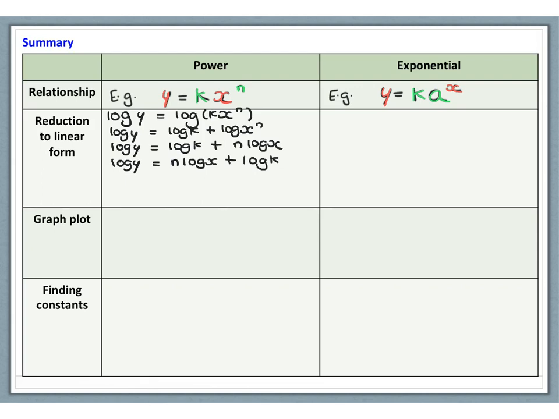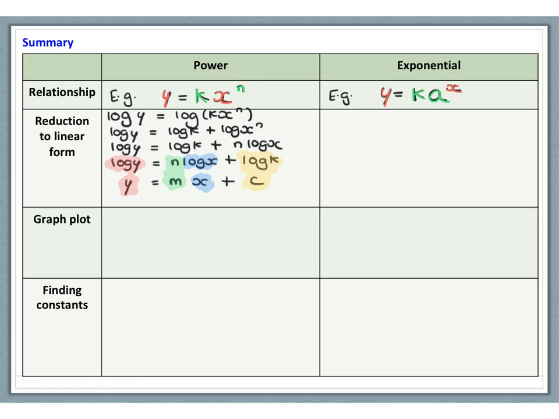Now let's match that to the equation of a straight line, y equals mx plus c, and let's make sure we understand which piece is which. So let's make it very clear that log y represents the y-axis, that log x represents the x-axis, and that the gradient of our straight line will give us n, and the y-intercept will give us log k.